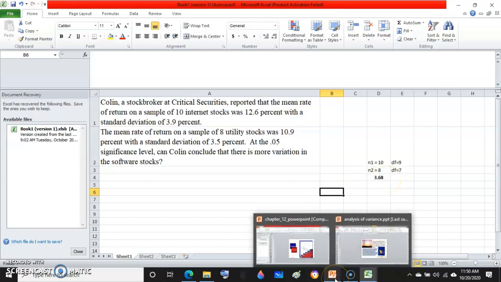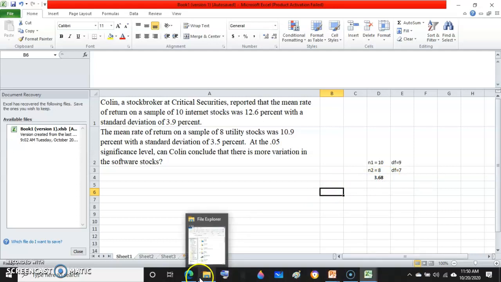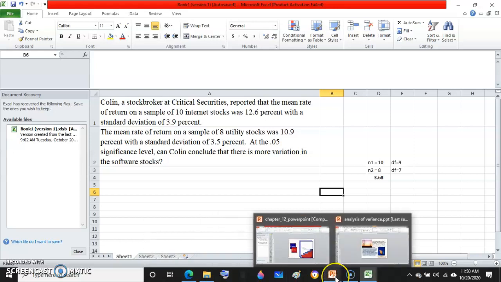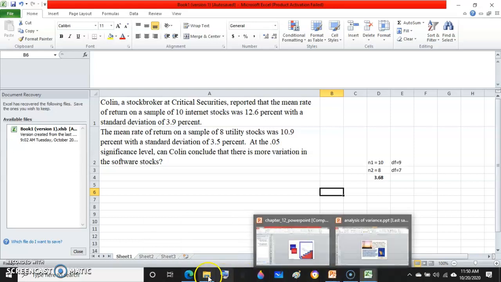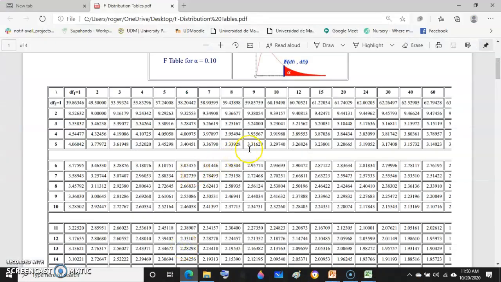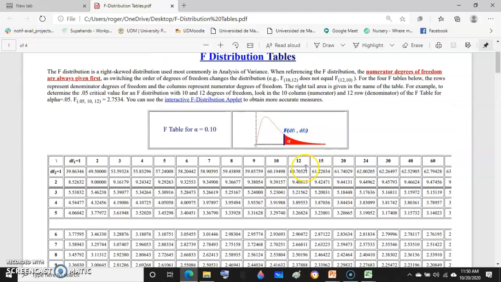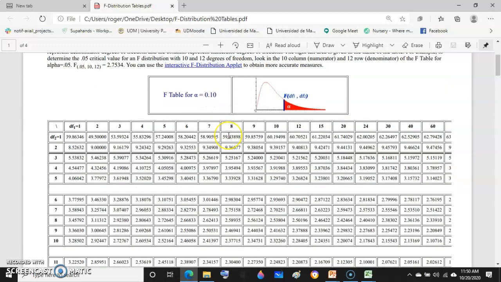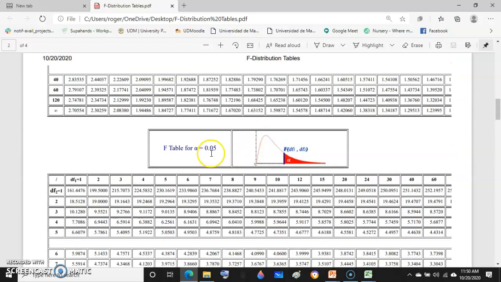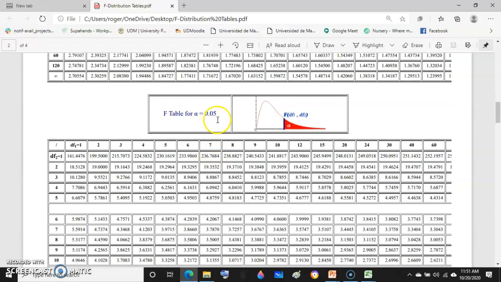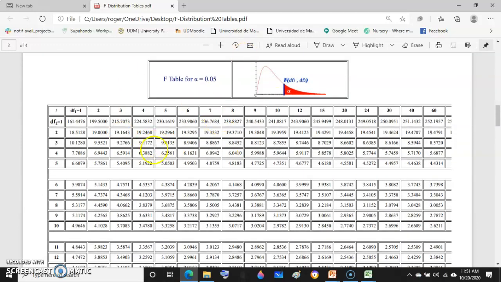The second method is using the distribution table. So here is an example of a distribution table for the 0.10 significance level, or 10%, and then we have 0.05. So we can use this table.